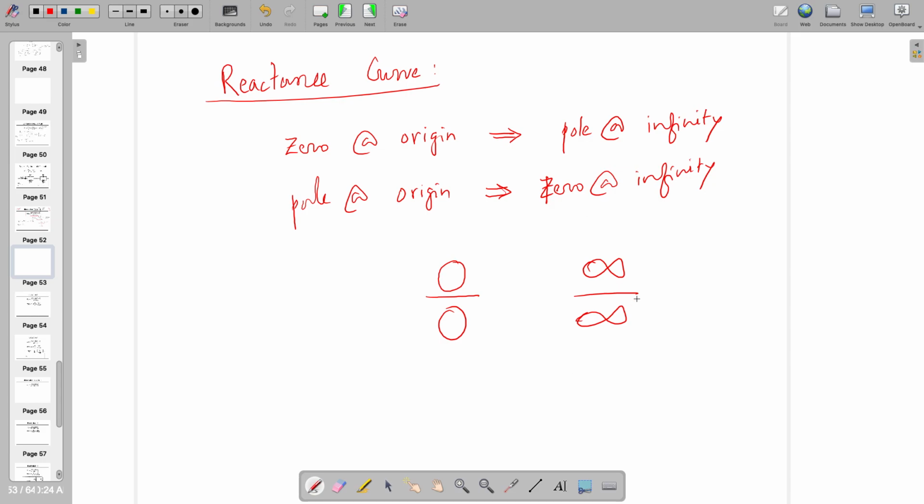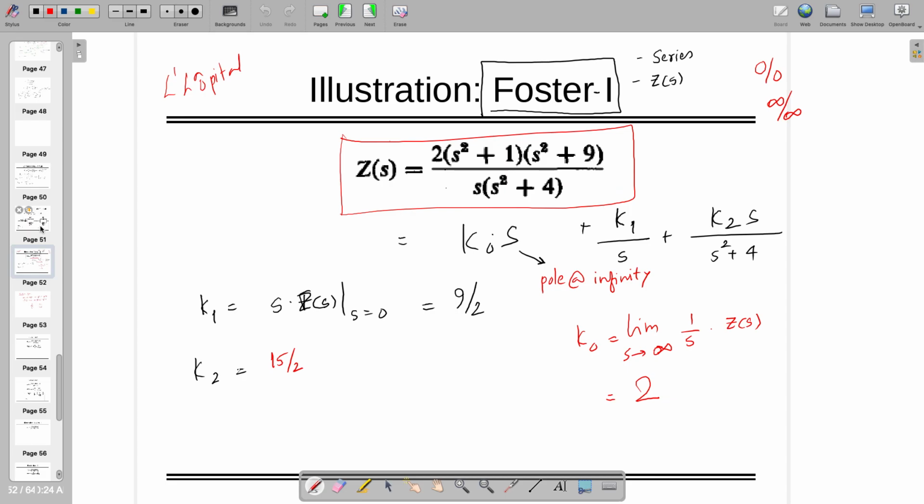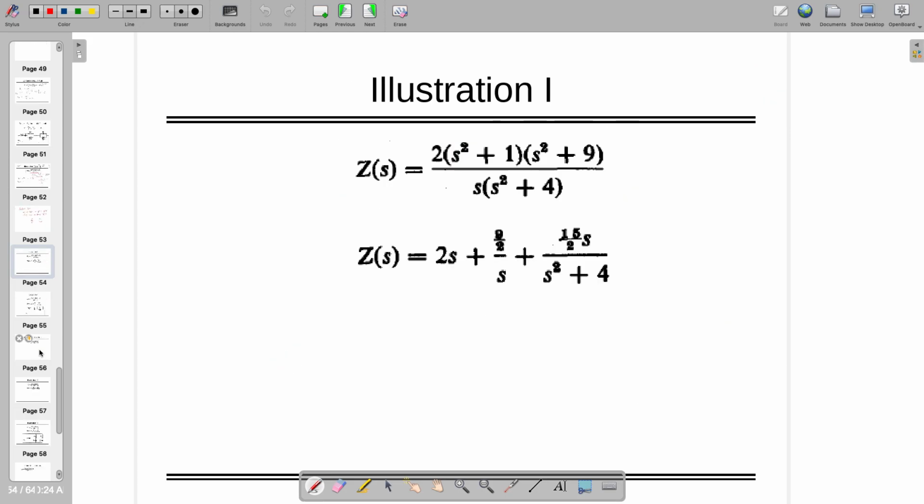You can solve without it. To avoid that we are doing this. Otherwise you can always keep the 0 at origin. That is also a possible thing. Right? So is there any problem till reaching here? Is there anybody who has a problem to reach here?